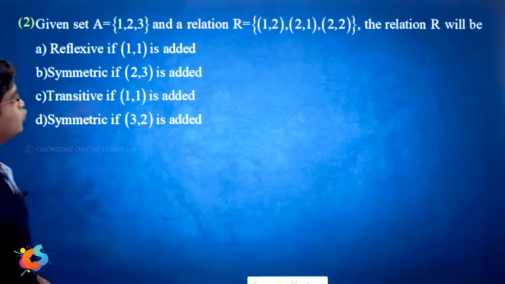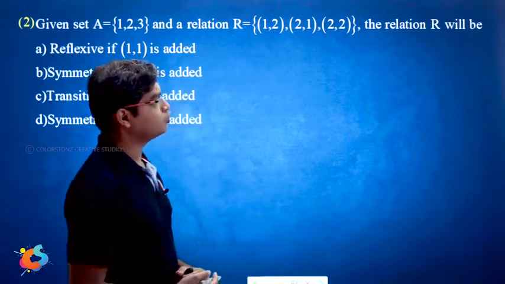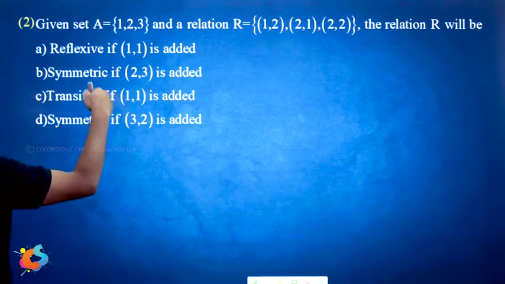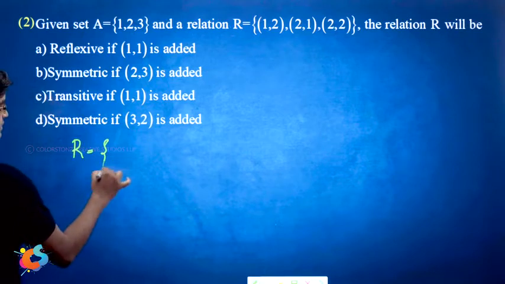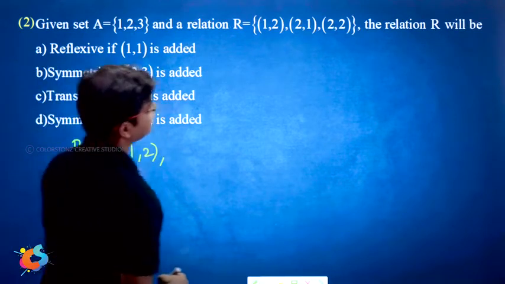So let us take the next question. Given set A is equal to {1, 2, 3}, the relation R is {(1,2), (2,1), (2,2)}. The relation R will be reflexive if (1,1) is added, and so on.